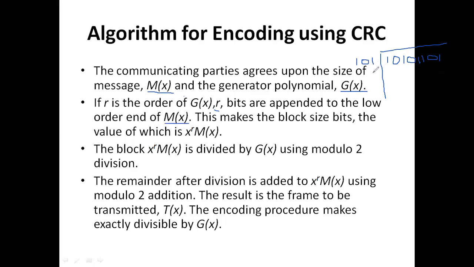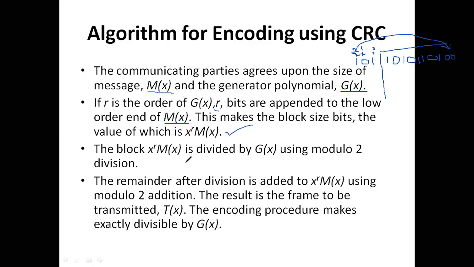At the end of the message we have to add two zeros, because the order of the polynomial here, with x power 0, x power 1 and x squared, is 2. So two zeros have to be appended to this message. That is the second point.